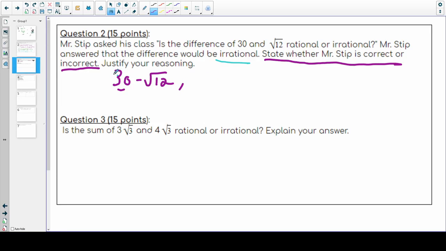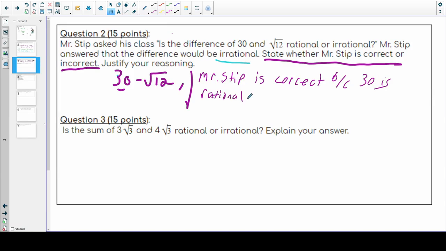Well, this is rational. This is irrational. A rational minus an irrational, in this case, is going to be irrational. So, to answer the question, Mr. Stipp is correct because 30 is rational and the square root of 12 is irrational.